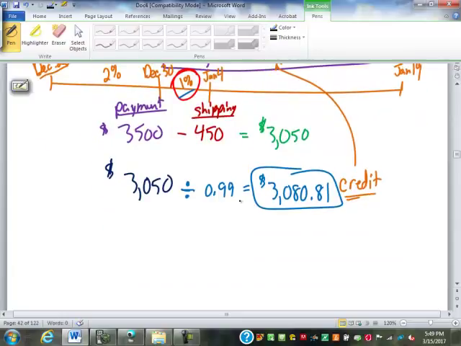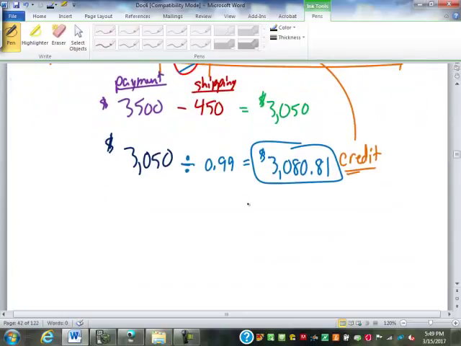So to find our balance, it's going to be that invoice of $7,934.08, which is the invoice amount.